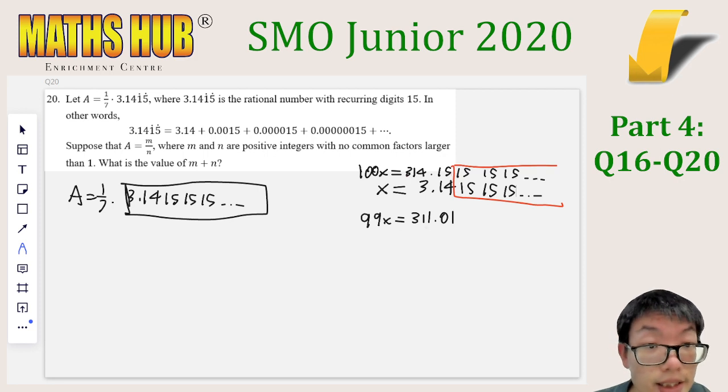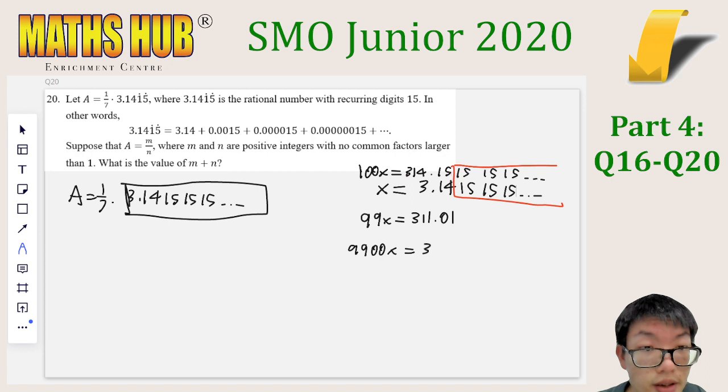So 99x equals 311.01. I could probably multiply it by 100 first. And then there is a common factor of 3 which I can cancel out.